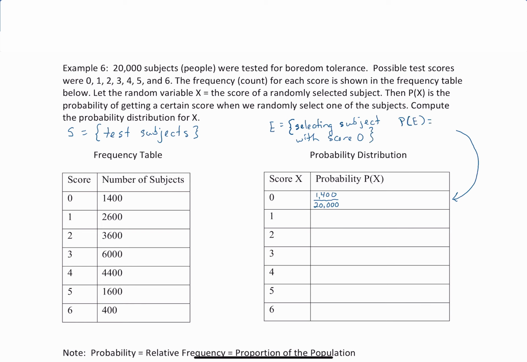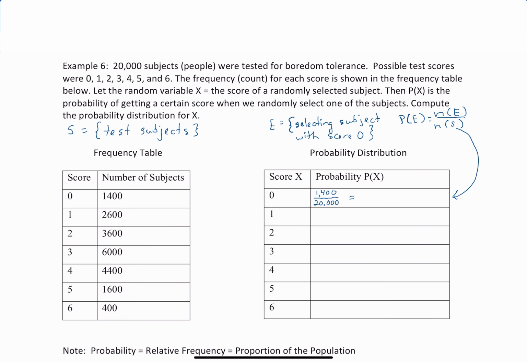Well, it's the number of outcomes or items in that event divided by the number of outcomes in the sample space. So N of E in this case is the number of people that had score 0, because the event is selecting a subject with score 0, and the number of items in the sample space is 20,000. So we use a calculator to get a decimal for that, and we get 0.07. So we're just going to go down the list, filling in all of these.